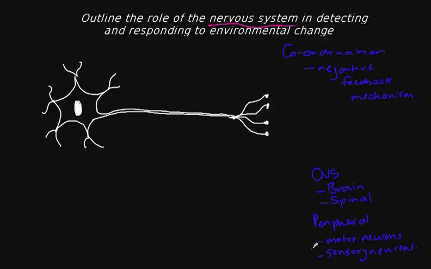As I said, there is a difference between what we call a nerve and a neuron. This diagram represents a neuron. It's an individual cell, and a bundle of neurons together would be a nerve.